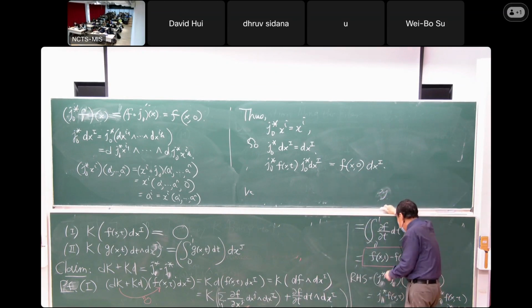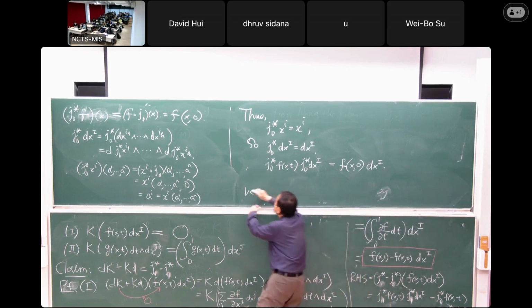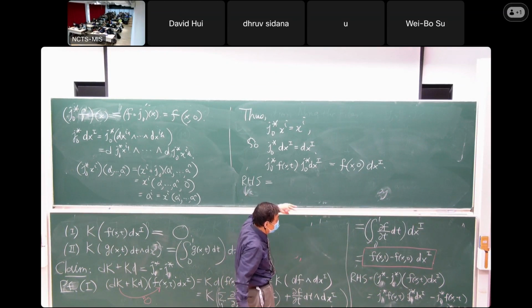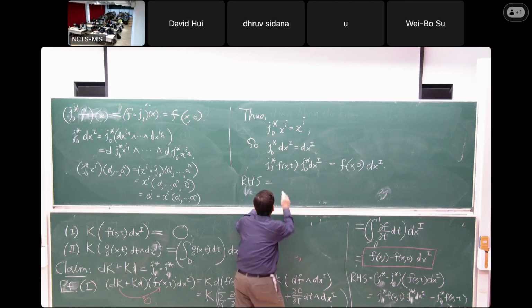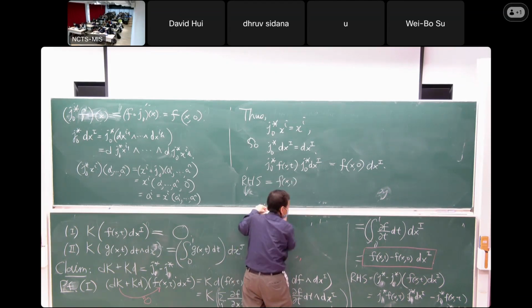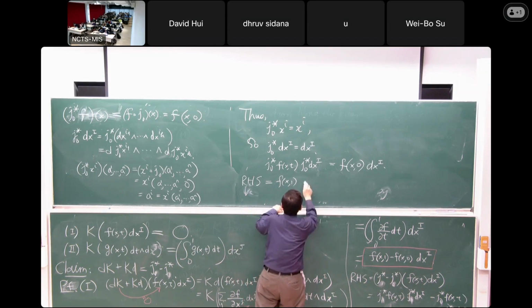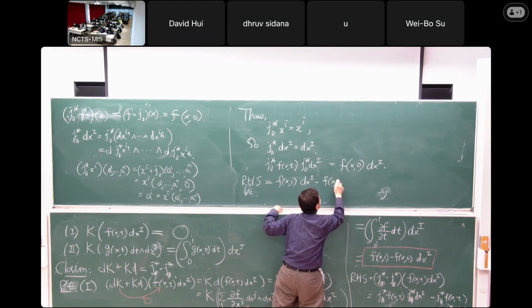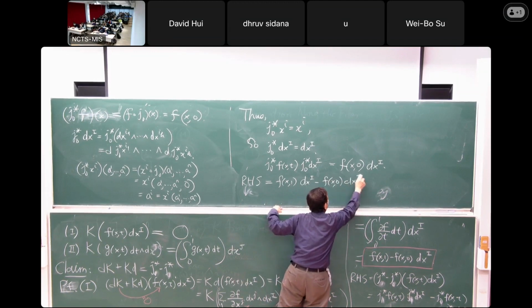And so the right-hand side of the cochain homotopy equation is going to be f of x1 dxi minus f of x0 dxi.